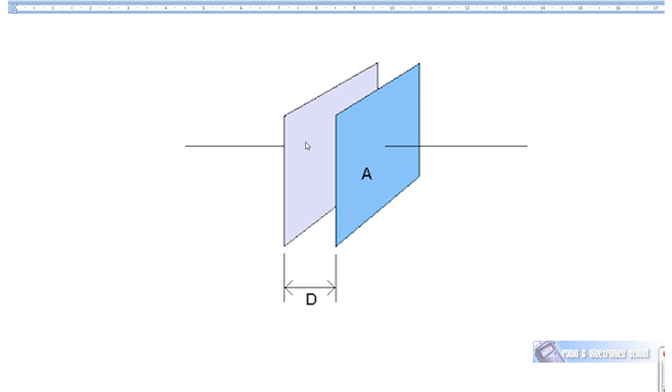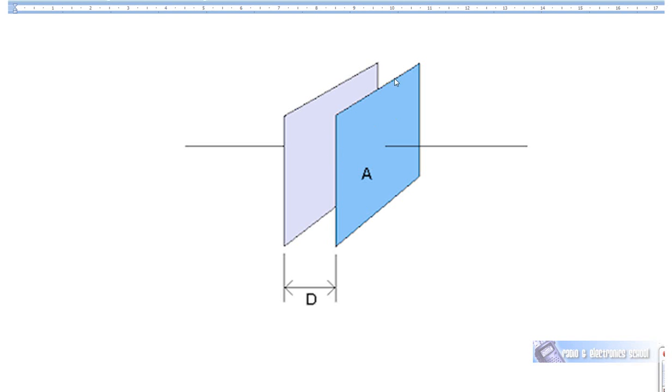Because a capacitor is going to have a voltage placed across it, between the plates there will be an electric field. If the dielectric is capable of concentrating that electric field, the capacitance will be higher. In this capacitor we're using air as a dielectric. It has a dielectric constant or permittivity of 1.